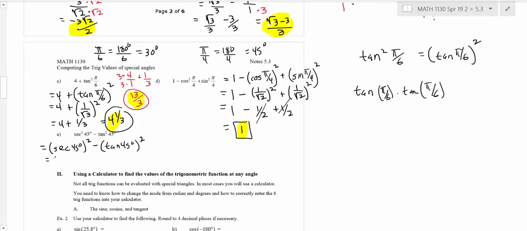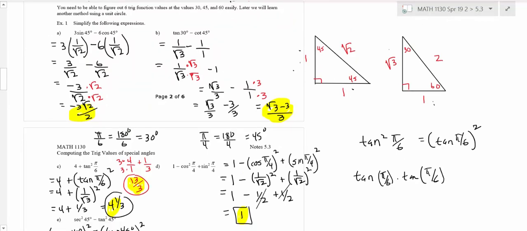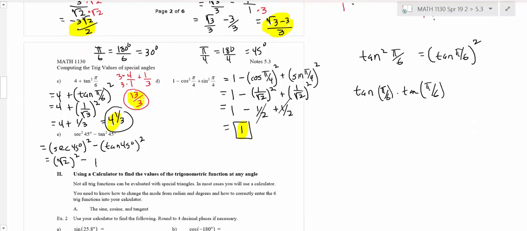That's just going to be square root of 2. Tangent of 45 is opposite over adjacent, 1 over 1, which would be 1 to the second. So you'd end up with square root of 2 squared is 2, minus 1. The answer would also be 1.